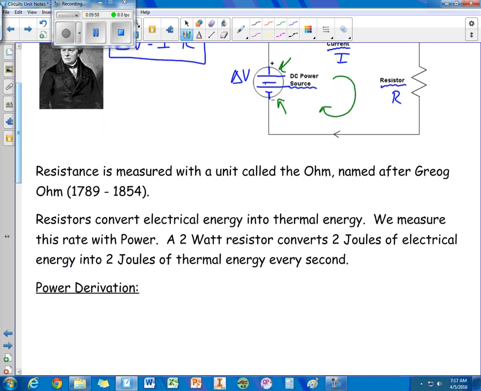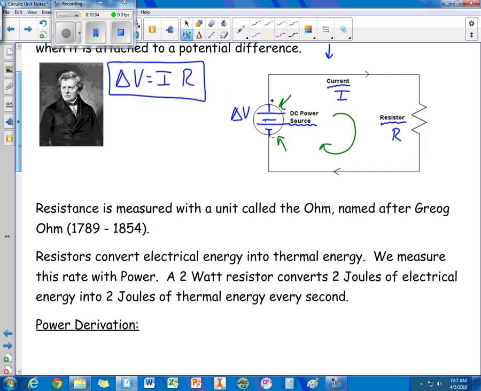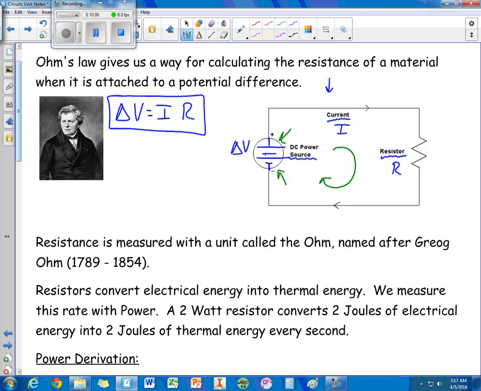Now, the way we measure resistance, we measure it with a unit called the ohm, and also with current. Remember that current is charge over time. We measure current with the unit, the ampere, or amp for short.